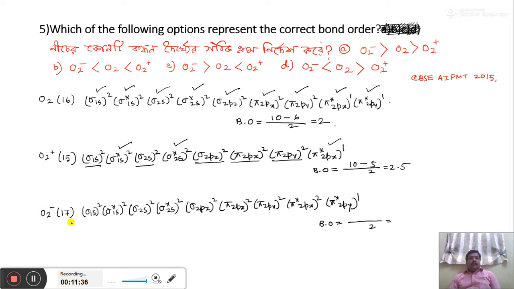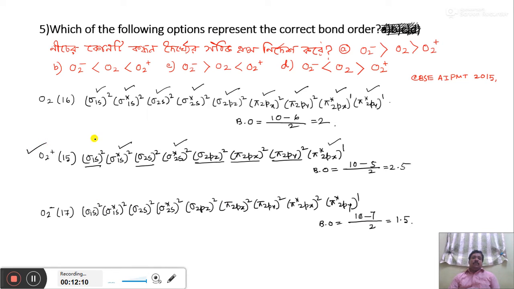In case of O2-, it contains 17 electrons. Its electronic configuration is sigma 1s2, sigma star 1s2, sigma 2s2, sigma star 2s2, sigma 2pz2, pi 2px2, pi 2py2, pi star 2px2, pi star 2py1. It contains 10 bonding molecular orbital electrons and 7 electrons present in antibonding MO, so its bond order is 1.5.